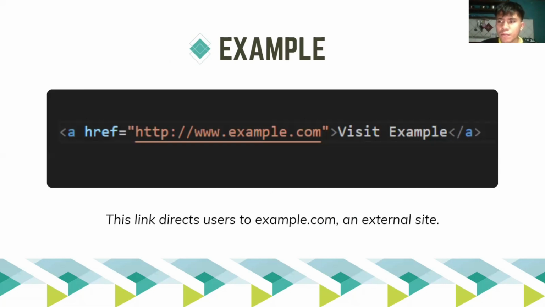We will have the anchor tag followed by the href attribute, but in the href attribute, there's a URL, meaning that you copy and paste from the internet, and as the user clicks the visit example, he or she will go externally to a website like YouTube, Facebook, and other links available online.